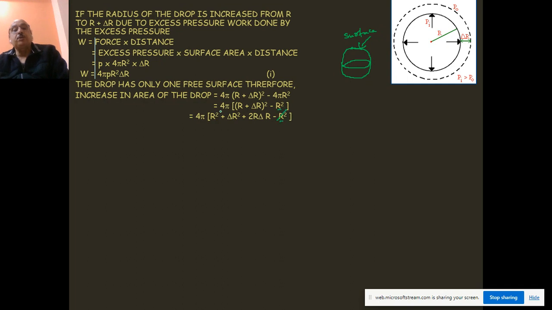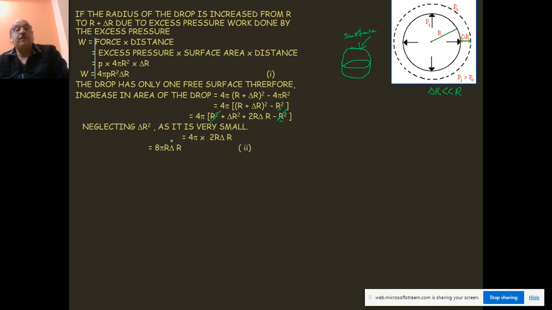Minus R square plus R square is cancelled. As the increase in radius is very, very small compared to the actual radius of the drop, it means delta R square is negligible. The square of a small quantity will be negligible, so we may neglect it.